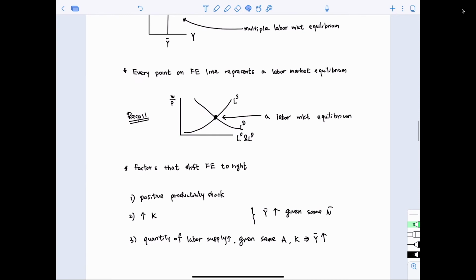Other than that, when there is an increase in the quantity of labor supply, given the same level of productivity or capital, the full employment output will also increase. Therefore, all these factors will cause the full employment line to shift to the right.